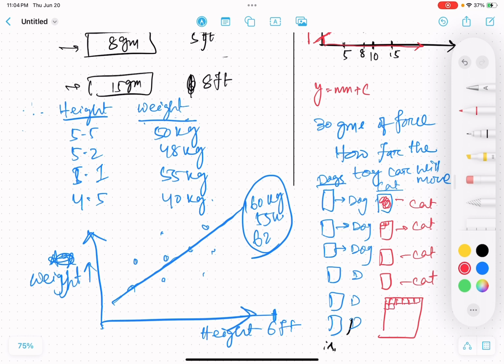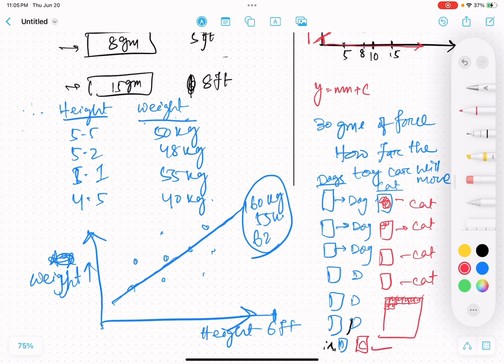The algorithm tries to understand the pattern behind these numbers, so that the next time we give a picture of a dog or a cat, the computer will successfully tell whether it is a dog or a cat. This is what machine learning is.